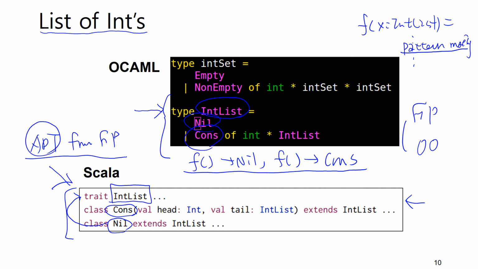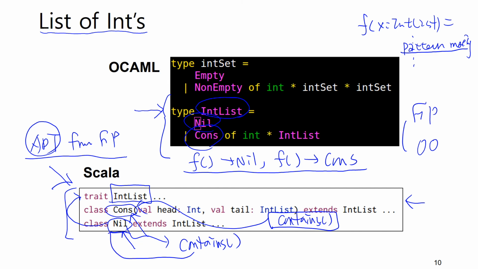But in Scala, you can have a specialized method in each of these subclasses. For example, cons has its own method contains, which is specialized for cons, and the class nil has its own method contains, which is specialized for nil. So therefore, in Scala, we have the best of both worlds.